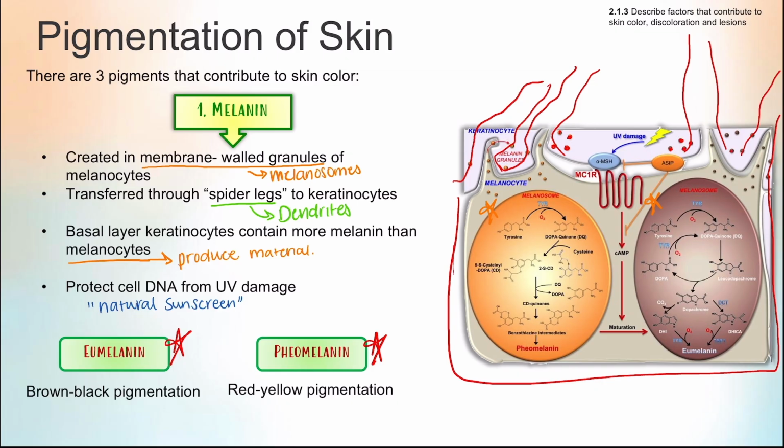Now, luckily for you guys, in the context of this class and for most anatomy courses that you will take in the future, you do not need to know how the melanin itself is created. Instead, you just need to be aware of the melanosome being used as a vessel for that pigmentation to travel from the melanocyte into the keratinocyte.